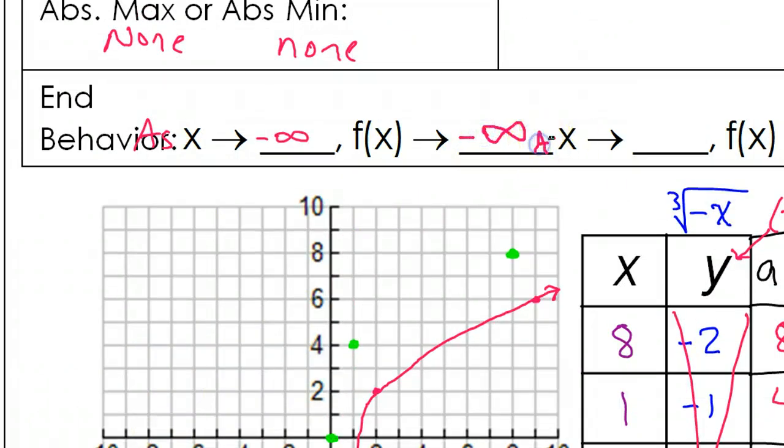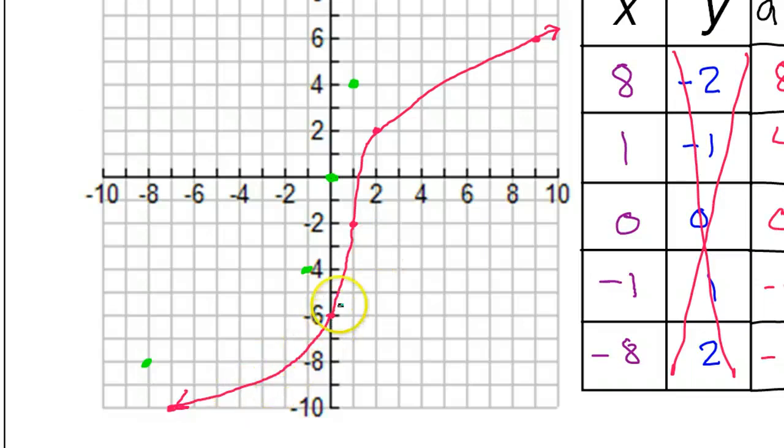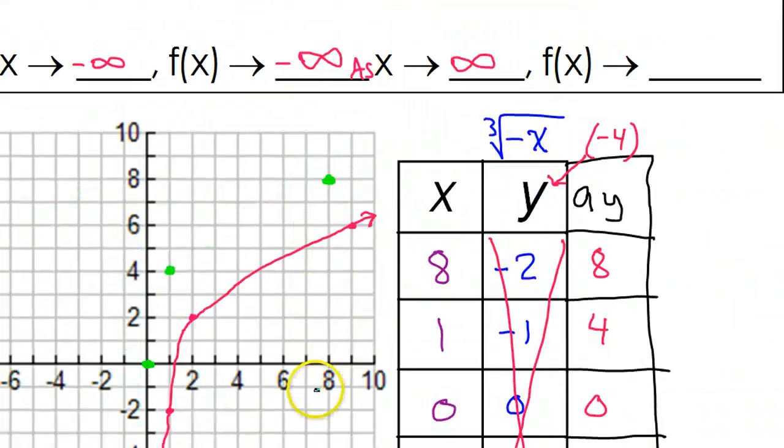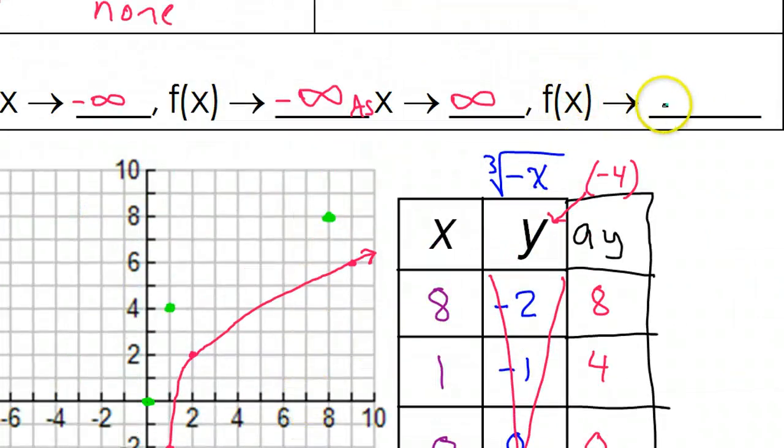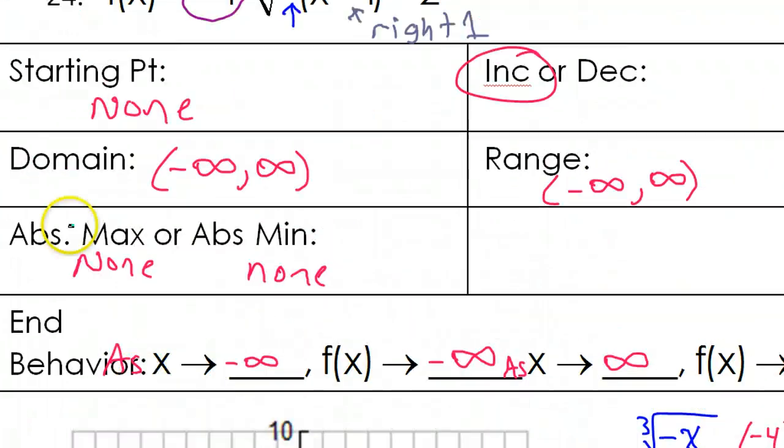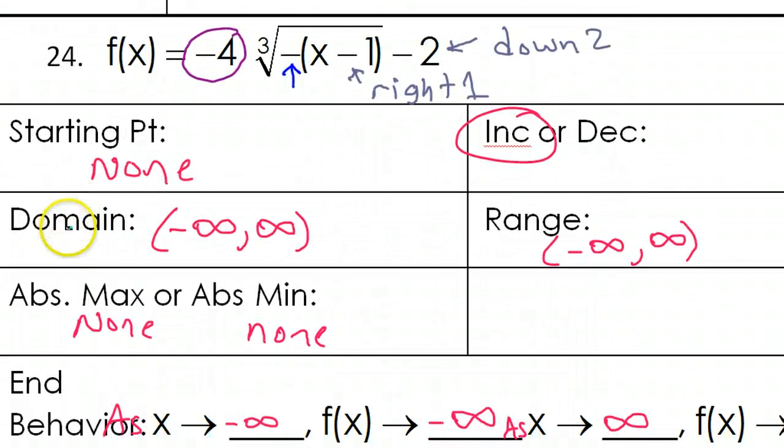As x approaches +infinity, in other words, as we go to the right, what happens to the y values? As we go to the right, the y values go up, up, up. So that's why we'll say f of x approaches positive infinity. Alright, so that is it for problem number 24.